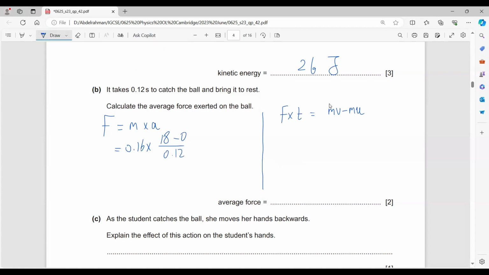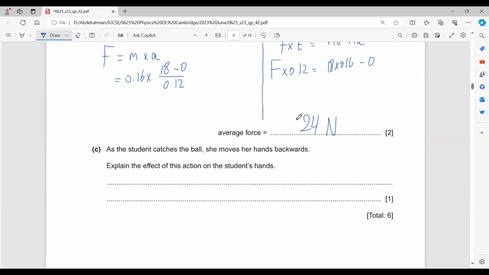Someone calculate it for me, please. And force times 0.12 equals 0.16 times 18 minus 0. What's the final answer? The force is 24 newtons.